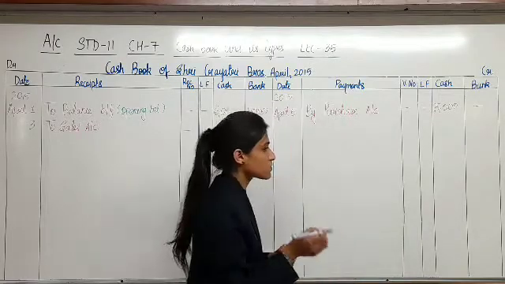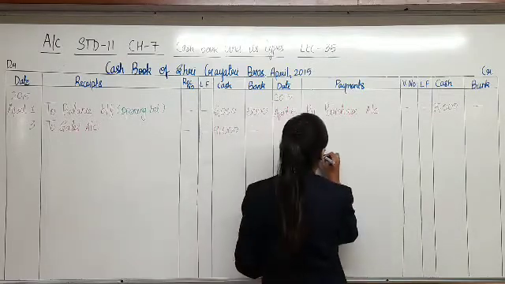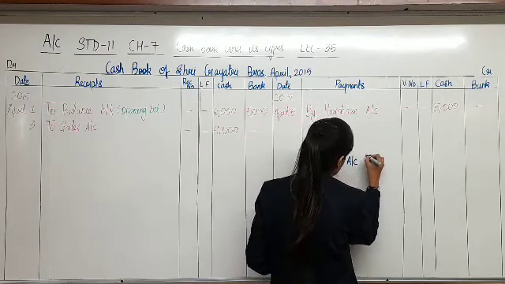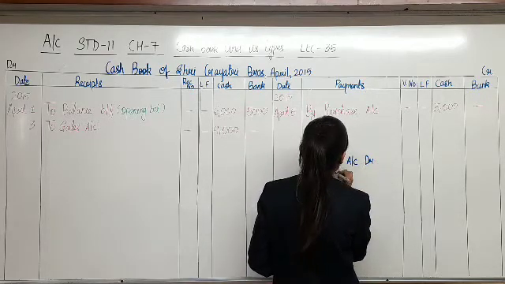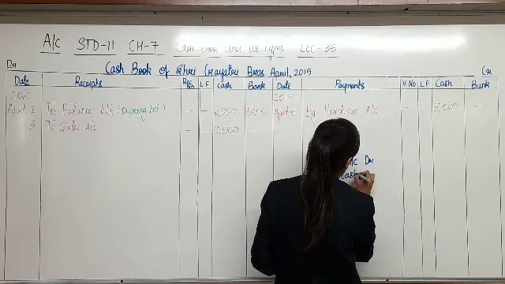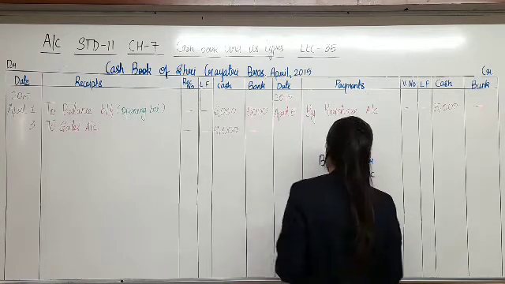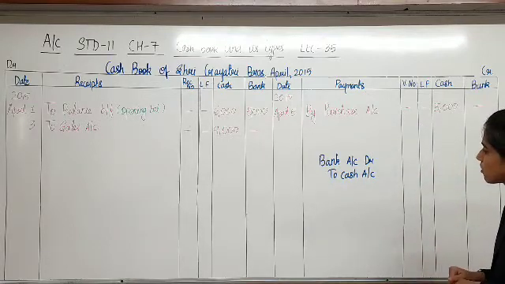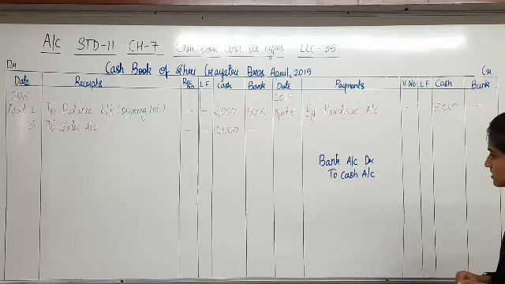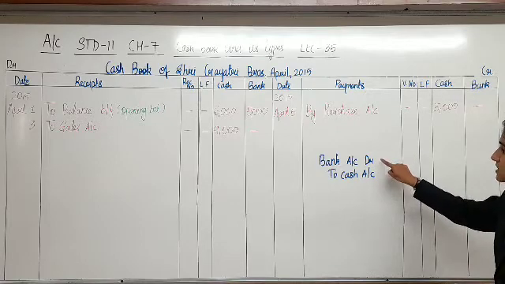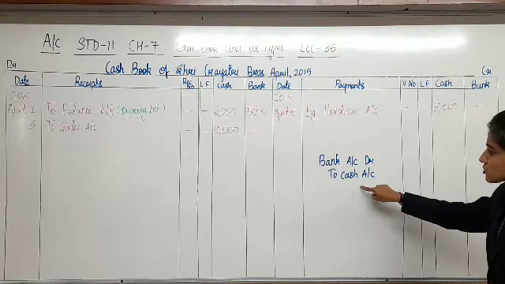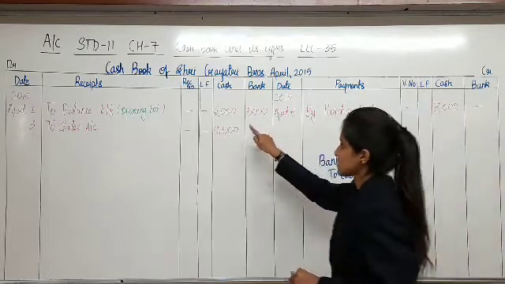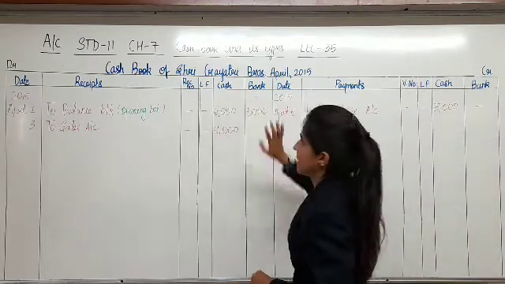Cash has been deposited in the bank, so bank account debit, to cash account. In this journal entry, all we can interpret is money came into the bank, cash goes out, and we are having both the columns for cash and bank.